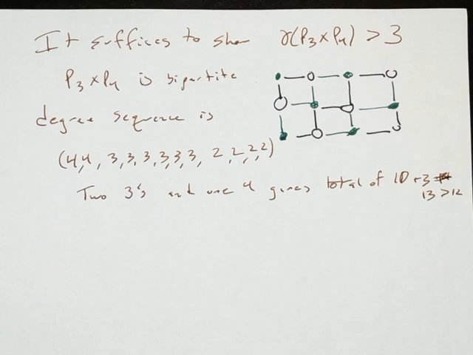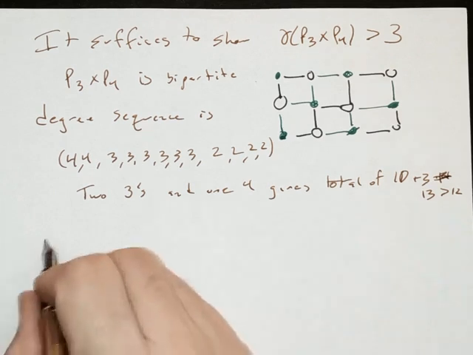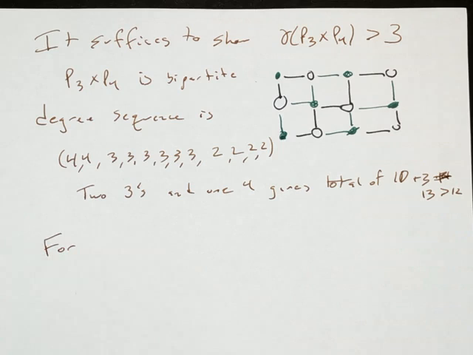All right. But if I'm going to pick 3 vertices, notice that in every neighborhood of a vertex, what do you notice about the colors? Say again?